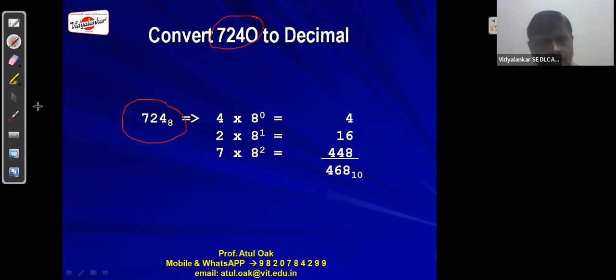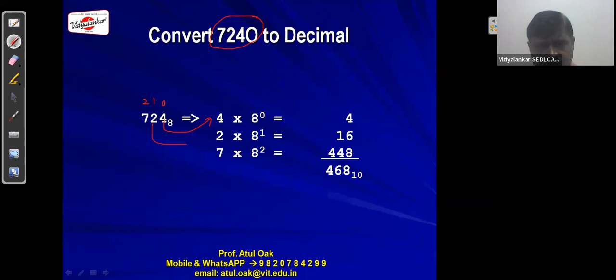What we do, we take the first digit. Observe it. This is my position number 0, this is position number 1, this is position number 2. So I take the first digit, that is 4, and I will multiply by 8 raised to 0. Anything raised to 0 is 1, so 4 into 1 is 4.